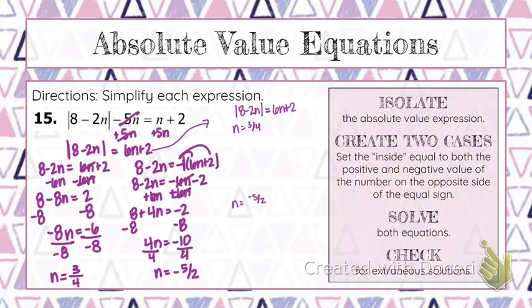Okay, so absolute value of 8 minus 2 times 3/4 equals 6 times 3/4 plus 2. So absolute value of 8, 2 times 3/4 is going to equal 3/2. And then 6 times 3/4 equals 9/2.